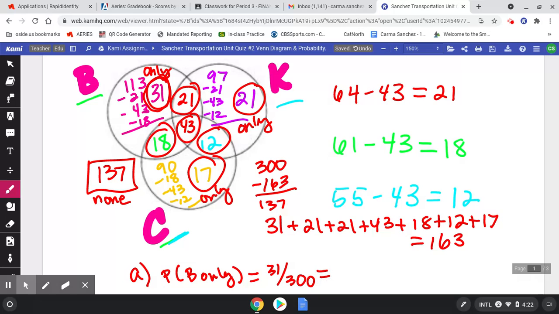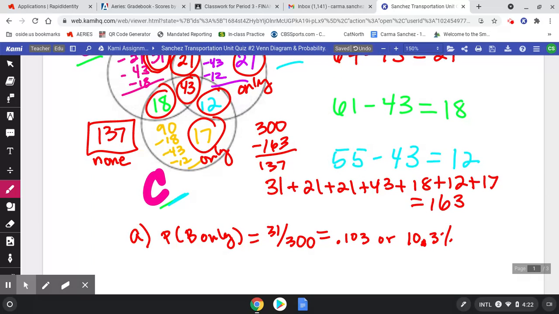You then get me a decimal and a percent of all of these. So that would be 0.103 or 10.3%. You can round for that one. So again, whatever probability they're asking for now, it's going to be over 300 because that's how many were polled.